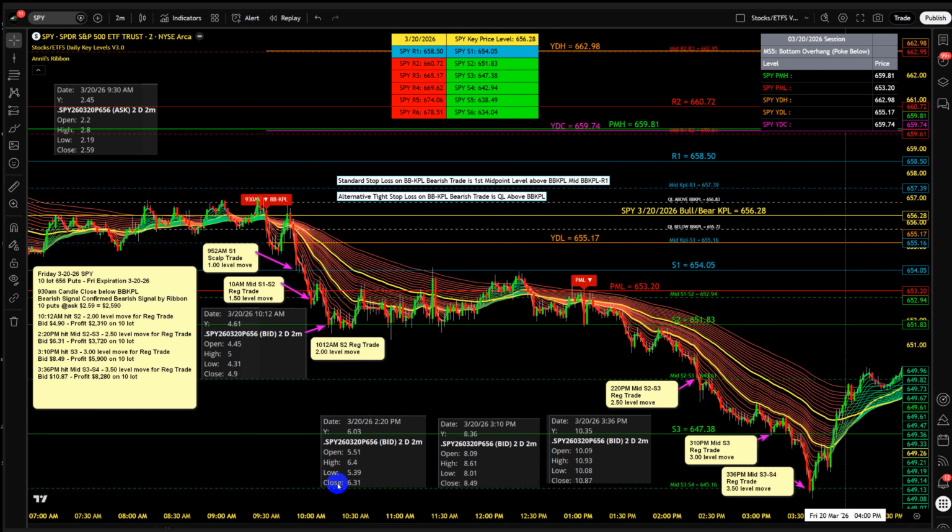At that point, the bid on the close of that candle is 631. So now on a 10 lot, we have a profit of $3,720. Now in today's session, we're not going to go through the different scaling out methodologies for each different trade and show what the profit would have been.